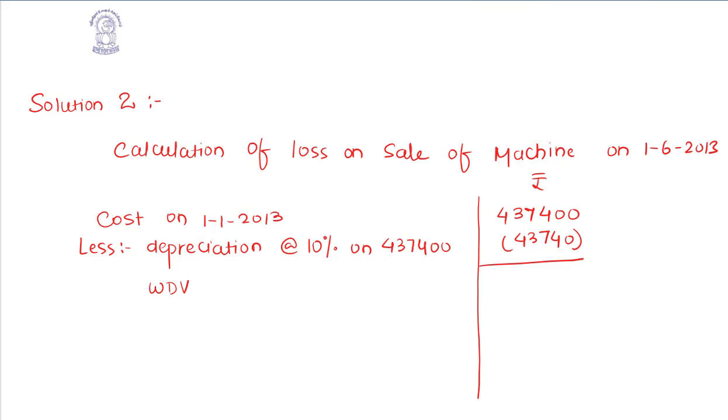This would be the written down value on 31st of December 2013, which is 393,660.